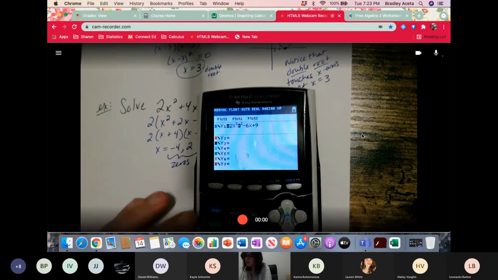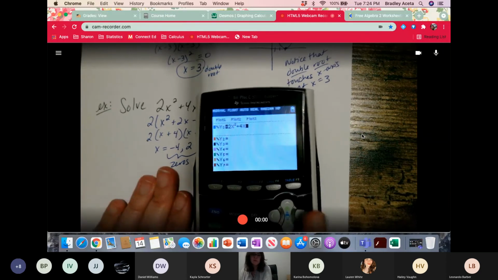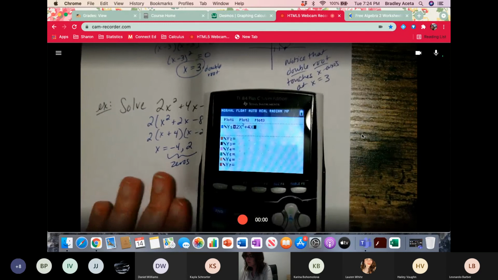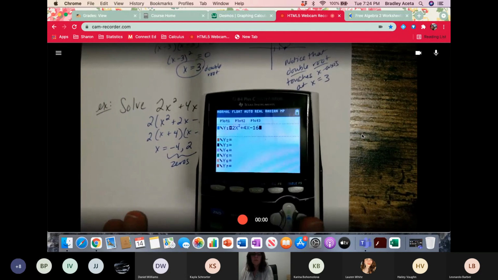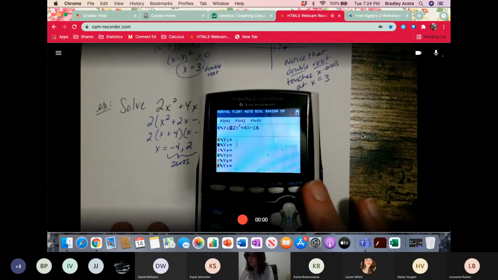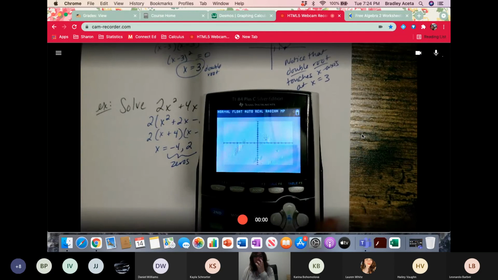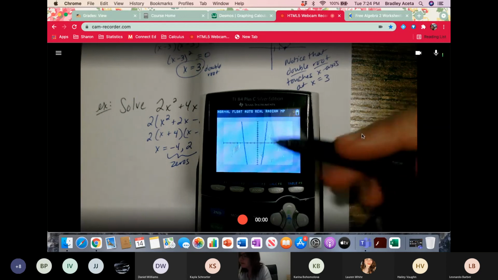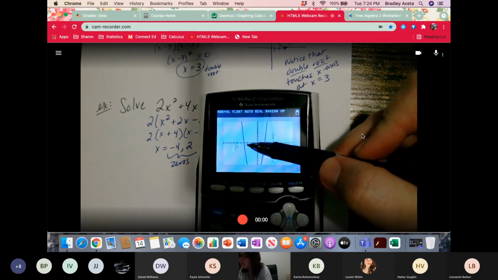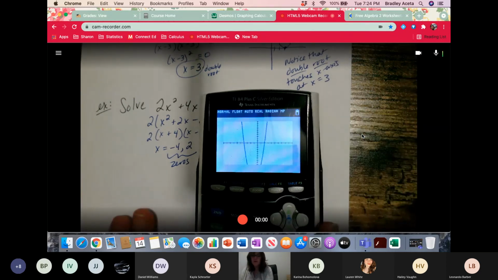So 2x squared, oh, let me clear it. 2x squared plus 4x minus 16. And hit graph. Huh. 1, 2, 3, -4.